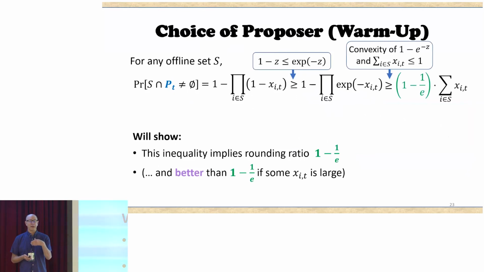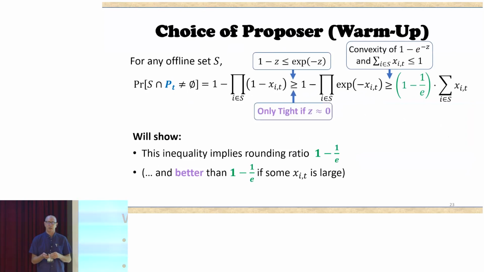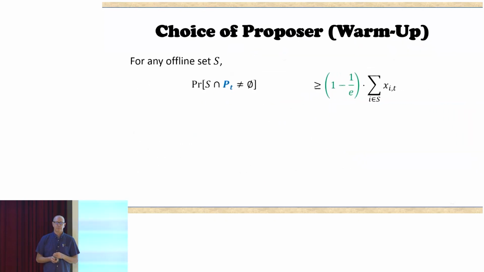Now, when is this sequence of inequalities tight? It's tight when all the x's are small. Okay, so we'll deal with that in a minute, but let's see in the meantime what we can still obtain, even if the fractions are small.